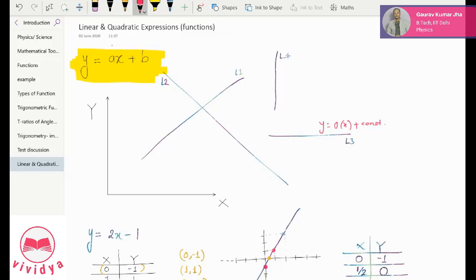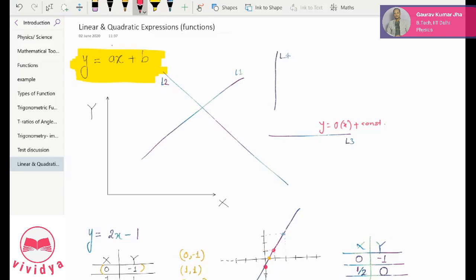Very silly thing, right? But very important. So if your straight lines are horizontal, they satisfy the equation y equal to constant. And in the general straight line equation y equal to ax plus b, for those lines a will be 0. So the equation of such a line will be y equal to constant.